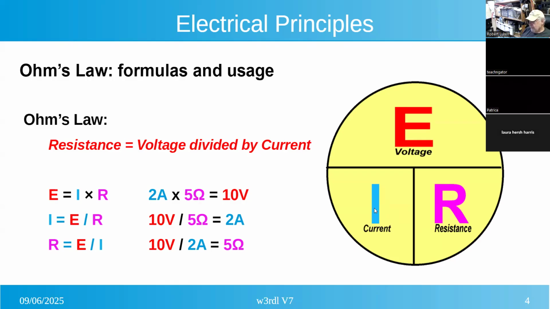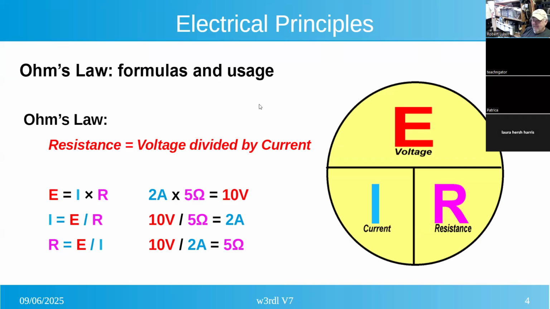If you wanted to find current, you put your finger there, and it's the voltage divided by resistance. And likewise, if you want to find R, it's the voltage divided by the current. So it's just an easy way to remember it if you can't remember the formulas, or if you're not good at algebra. I find that formula is pretty easy.